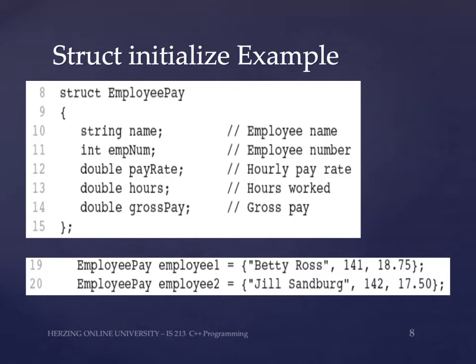For employee 1, we have the name, imagine that would be the employee number, and the pay rate. So for employee 1 we're only getting these three variables, but for employee 2 we're getting the name, employee number, and gross pay as well. So both are getting the variables that we need.